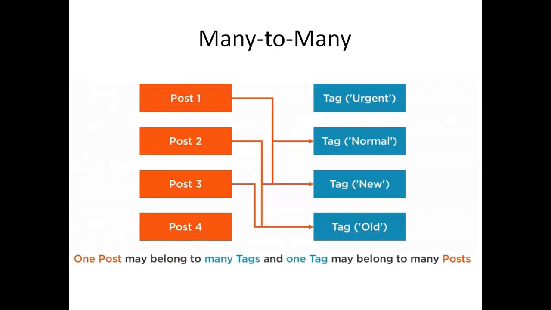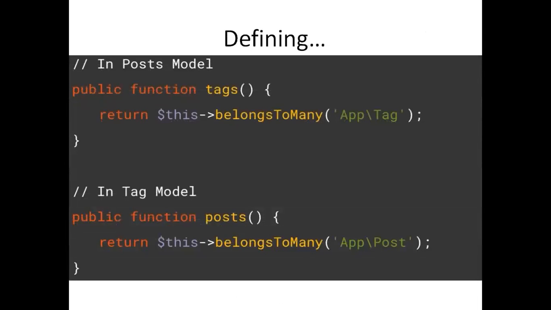All right. Now next is many to many. Already we have talked about one post can belong to many tags, and one tag can also belong to many posts. Okay. So for defining it, how should we do it? Define by using belongs to many.